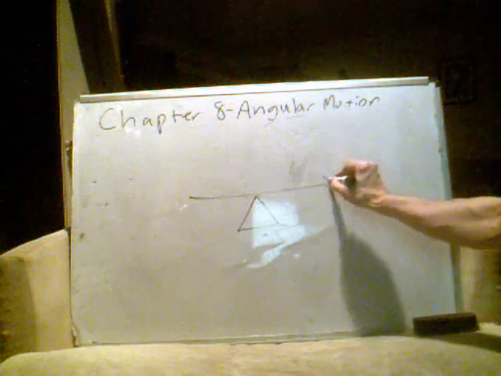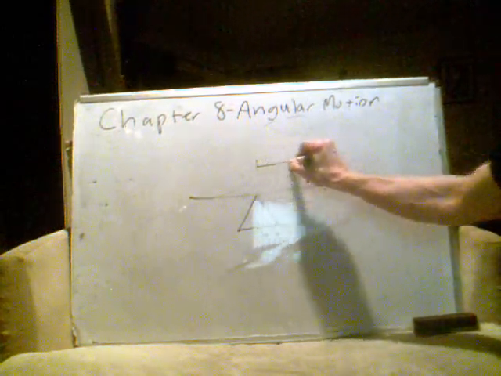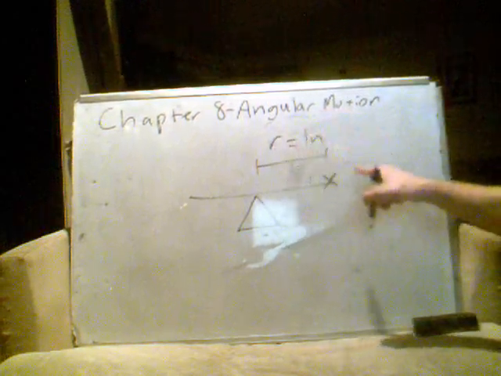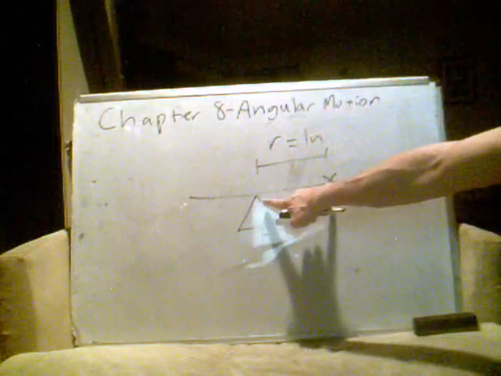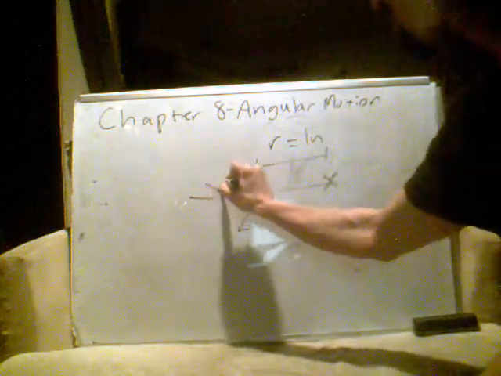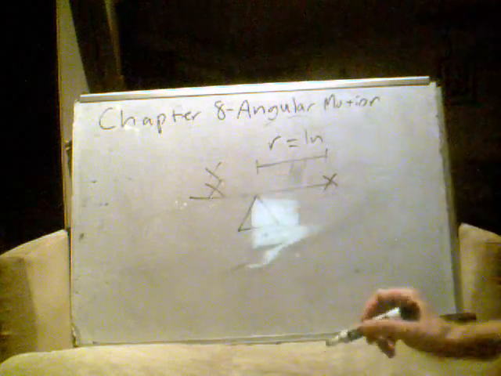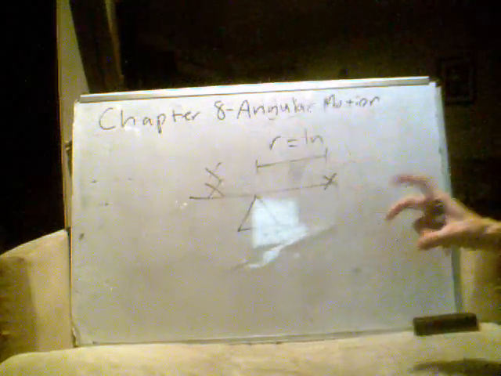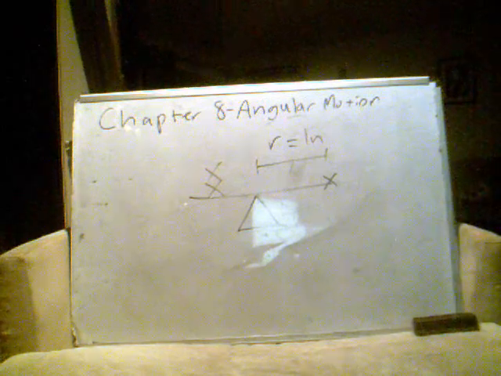Okay, so if one kid sits here, 1 meter from the center, where should another kid that has double that mass sit in order for this system to remain at rotational equilibrium?